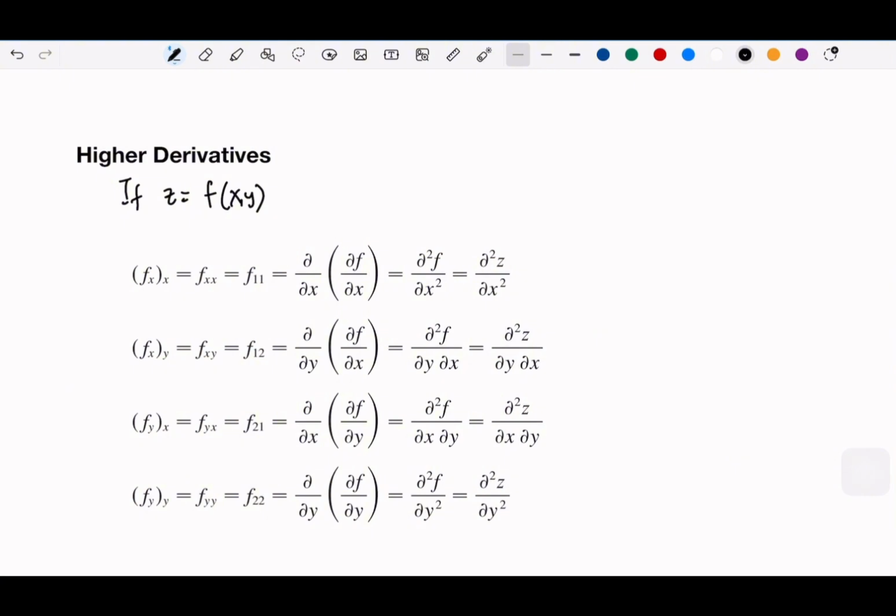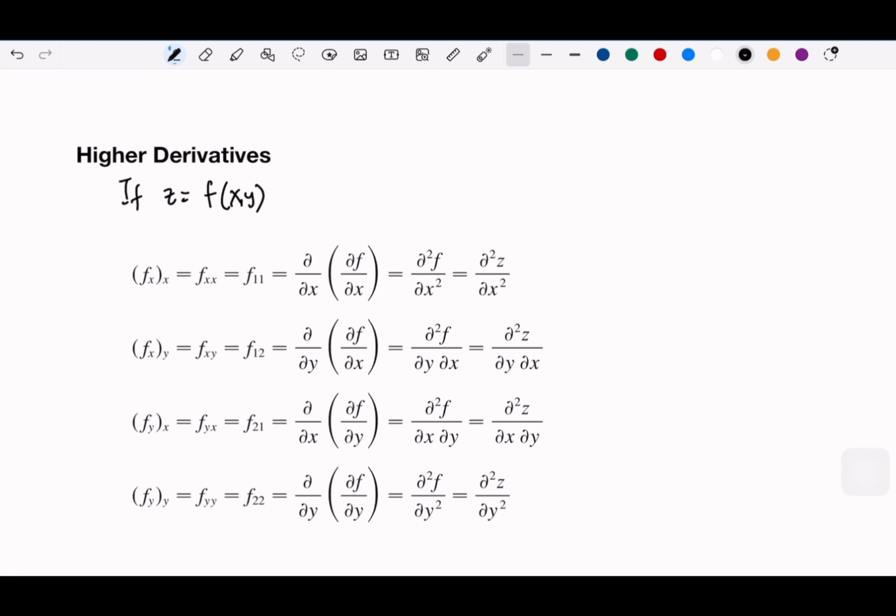So this is already in order. So xx means the first x, the second x. xy means the first x, the second will be y. This will be yx and then yy. So this will be the order of our derivative. You derive first with the first variable, and then you derive with the second variable.